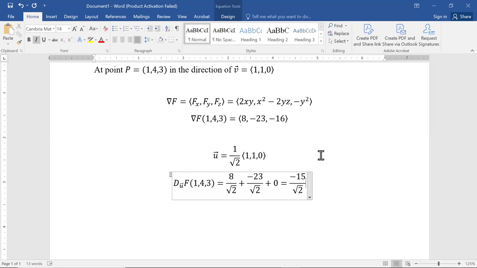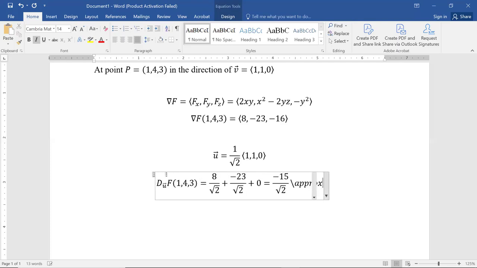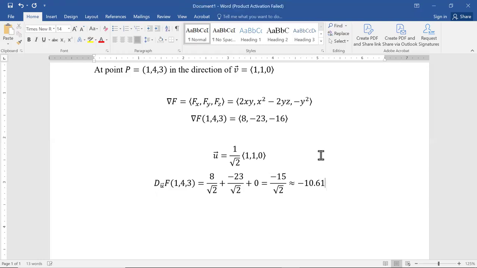That's about negative 10.61. So that's the directional derivative of my f at point 1, 4, 3 in the direction of u.